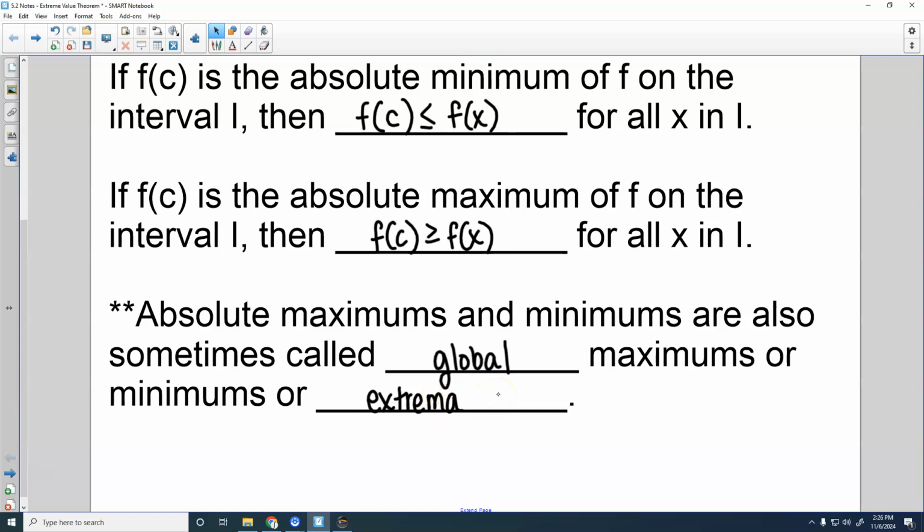So any combination of that, they might use absolute or global interchangeably, and then they might use maximums or minimums or extrema interchangeably. Extrema is the general term that does not tell you whether it's a maximum or minimum. So you may see any of those terms.